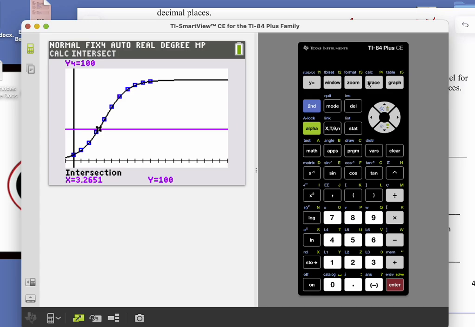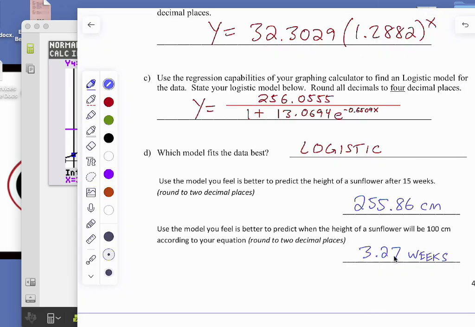Any questions about anything that we did so far? Okay. So I'm more picky about the rounding than I am with the labeling. It's really nice if you can label things correctly. You have to read the problems and make sure that you did these. And I'll say this over and over again.